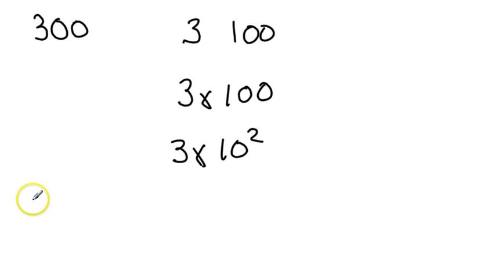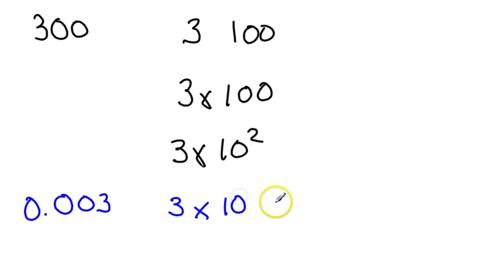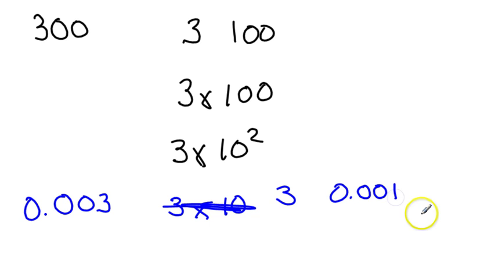So if we take 0.003, for example, that is 3 thousandths, right? Which we know we can write with a multiplication.